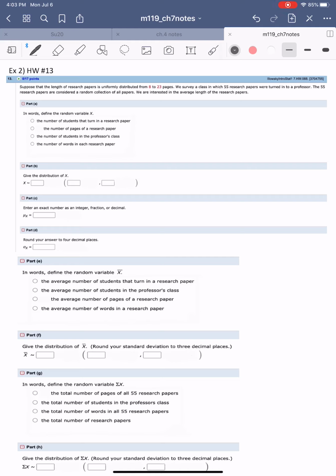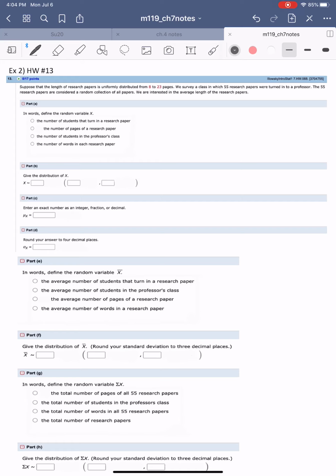The 55 research papers are considered a random collection of all papers. We are interested in the average length of a research paper. All right, so you see that all this information is your x, because I don't see the word sum or the mean anywhere here. So let's do some labeling.